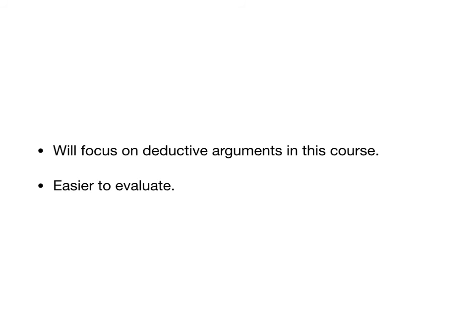We will focus on deductive arguments in this course. Deductive arguments, for reasons I'll get into in the next few lectures, are much easier to evaluate. There are some forms of deductive argument that are valid. We'll talk about what valid means in the next lecture, but valid arguments, in one sense at least, check one box on the way to being a good argument, right?